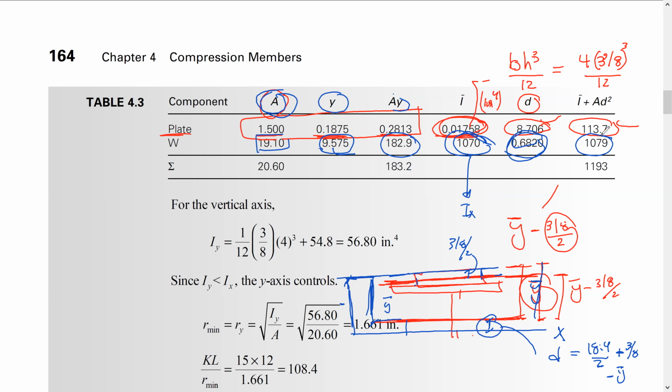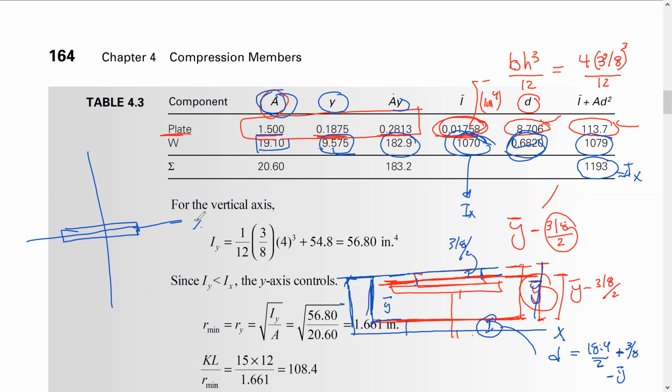So in this case, this is the moment of inertia for the shape. And this is about the x-axis, okay? About the y-axis, if this is the plate, about the x-axis, and this is the y-axis.